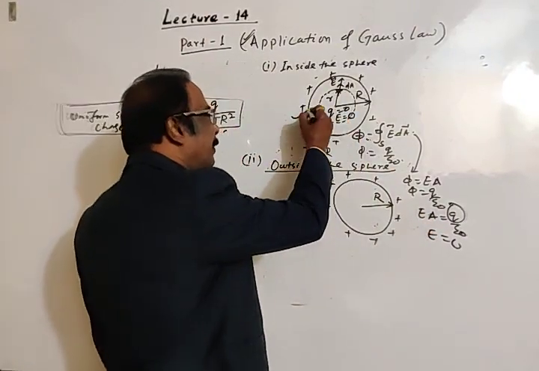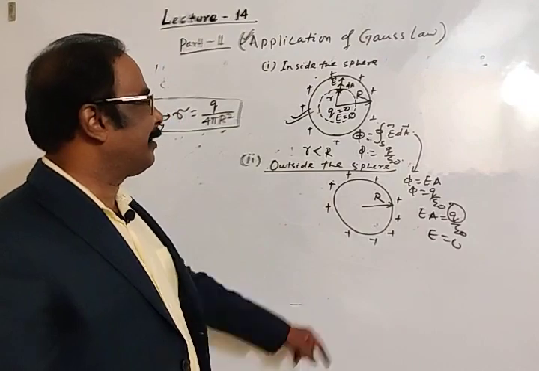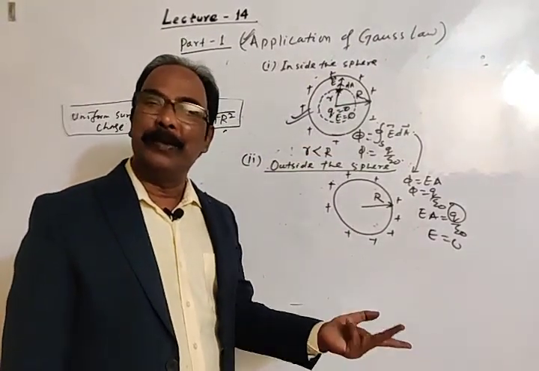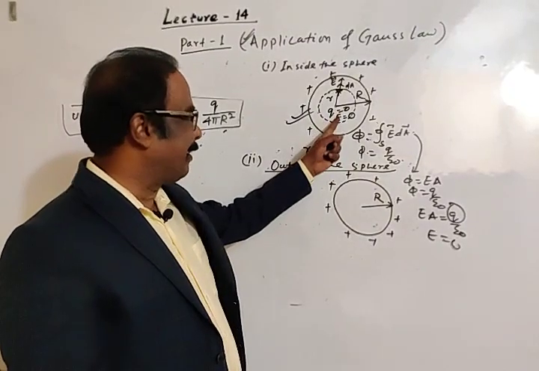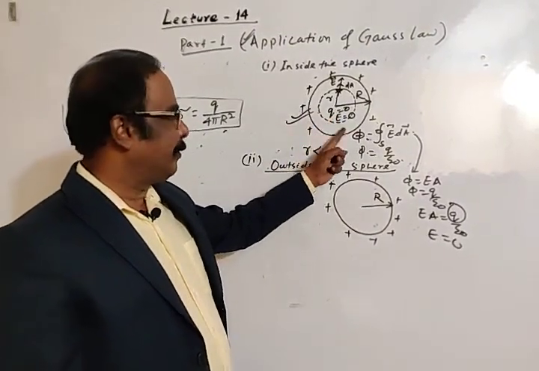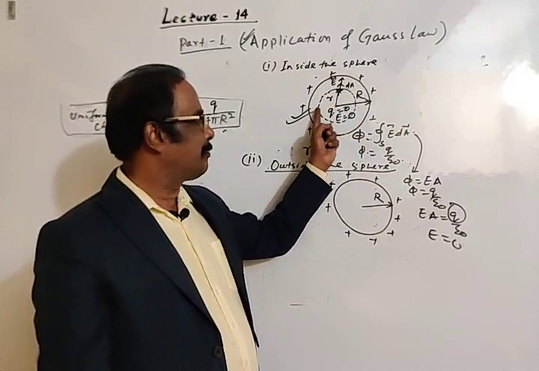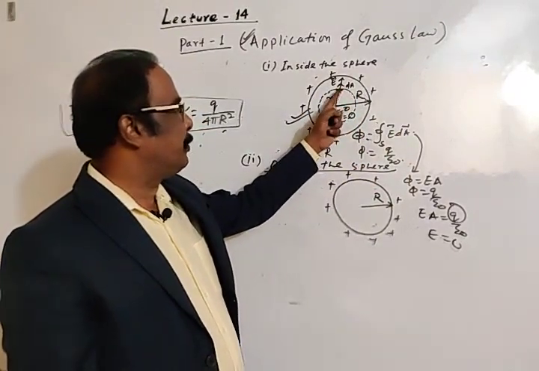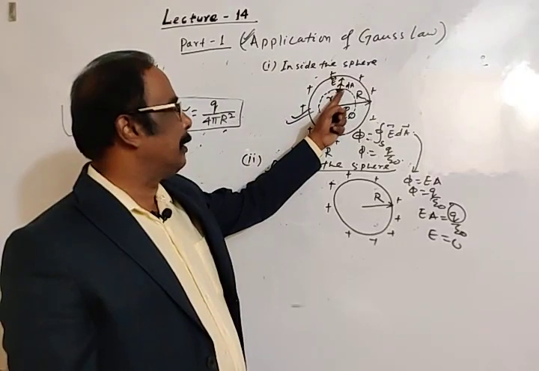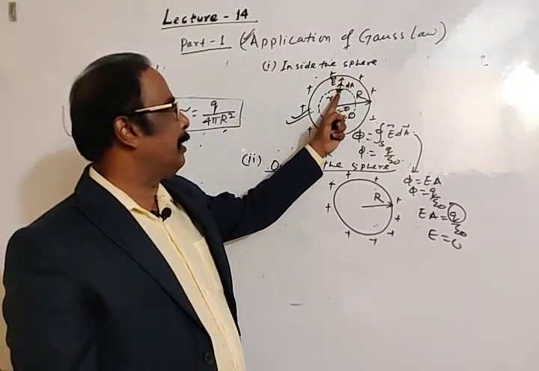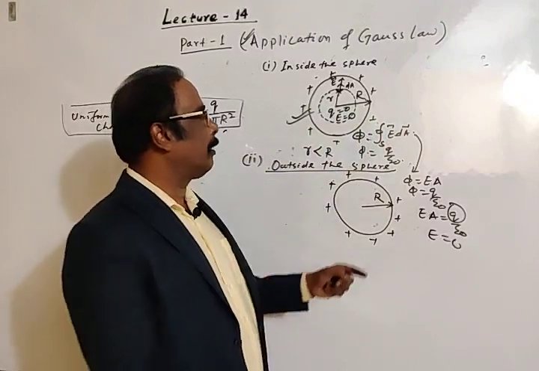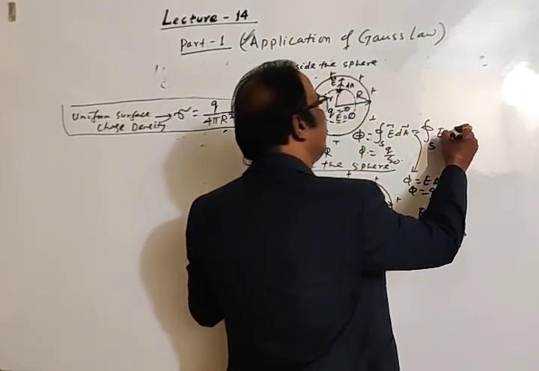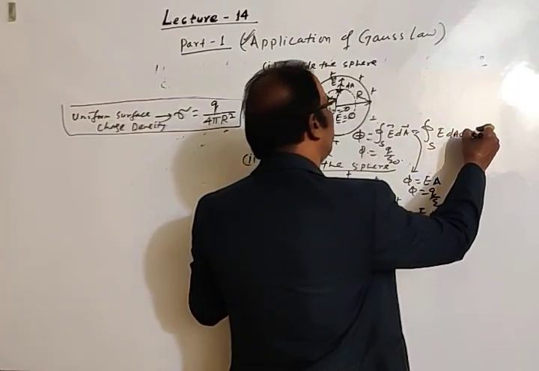This is the proof, and you can easily estimate it: inside there is no charge, so there is no electric field line, so there is no electric field. I have written it theoretically, and you can prove it. Inside the surface, we have imagined a spherical region. Let's consider an elemental area dA, the direction of dA, the direction of the electric field, E dot dA, which equals the surface integral of E dA cos 0.